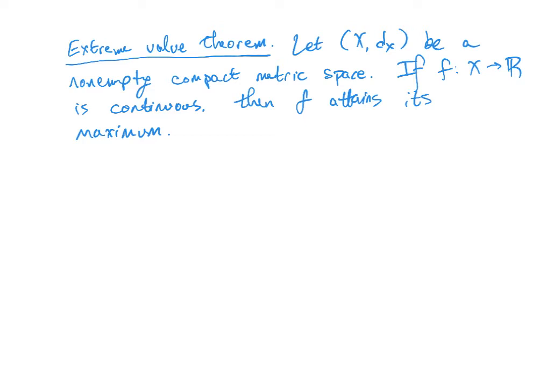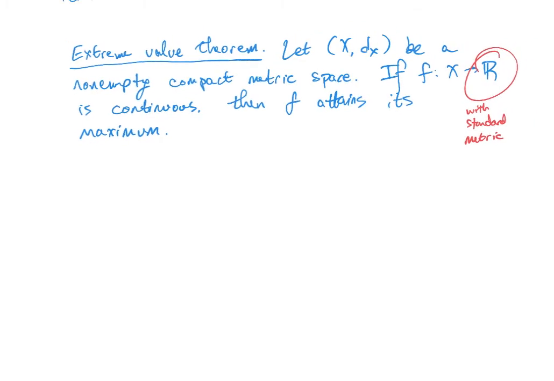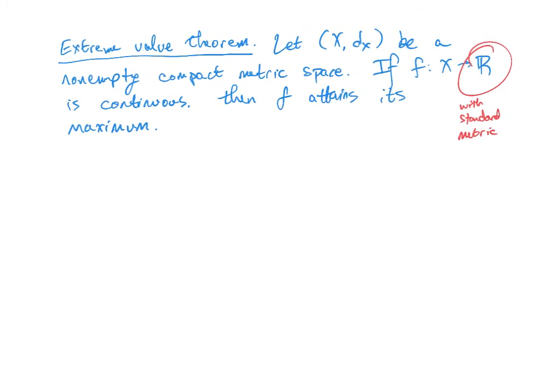So our domain is a non-empty compact metric space. f is a continuous function from there to the reals. If in this course we ever forget to say what our metric is on the reals, we always mean the standard metric. Then f attains its maximum.